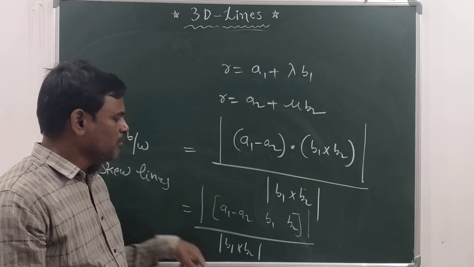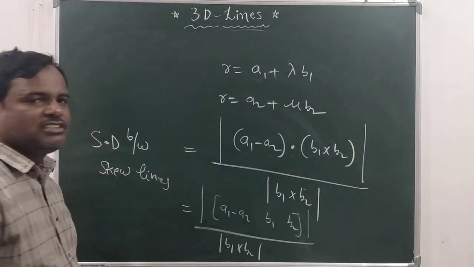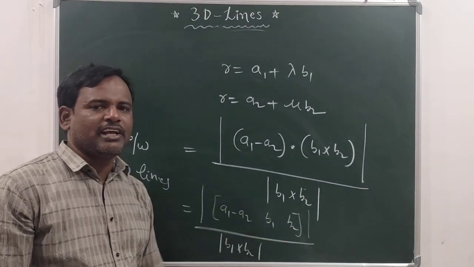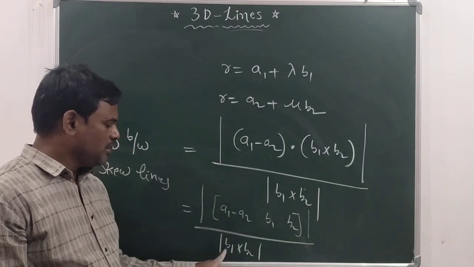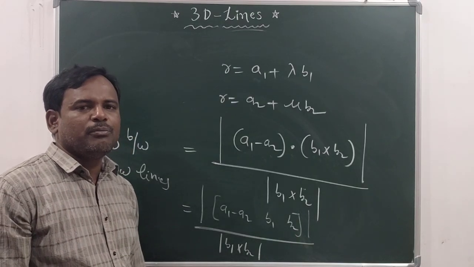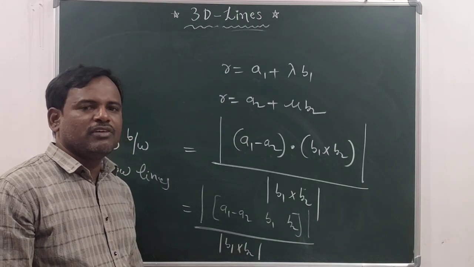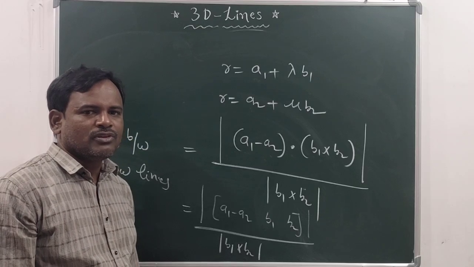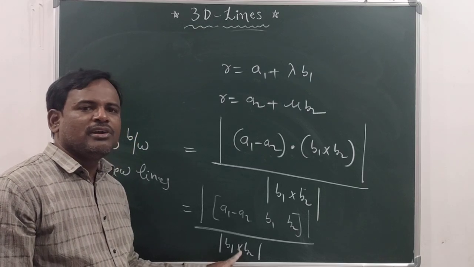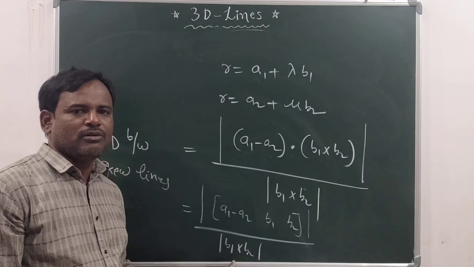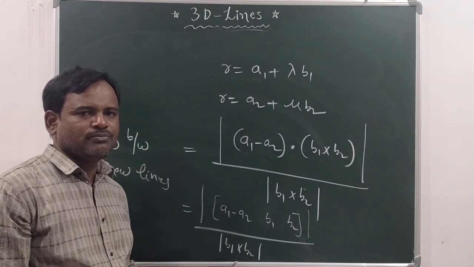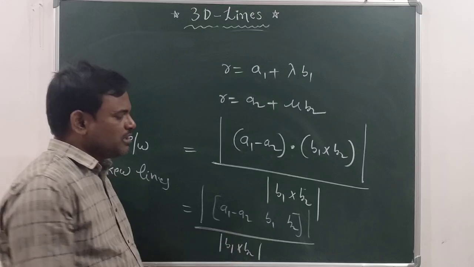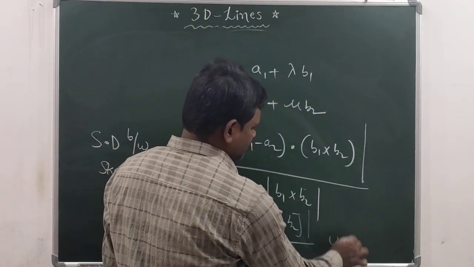If it is negative, because we are finding the distance, it should be treated as positive. For that sake I kept the modulus symbol here, and the modulus of B1 cross B2 should also be treated as a positive value. Absolute value, modulus is always positive. Units.